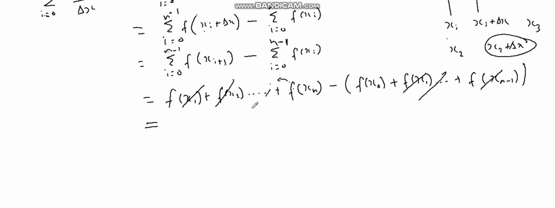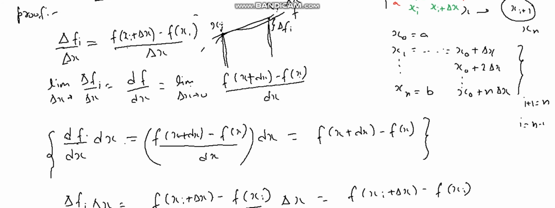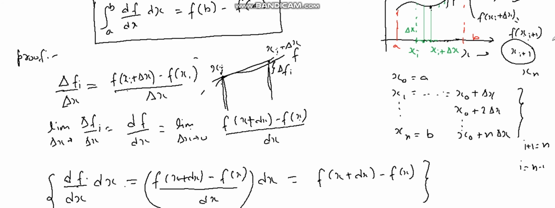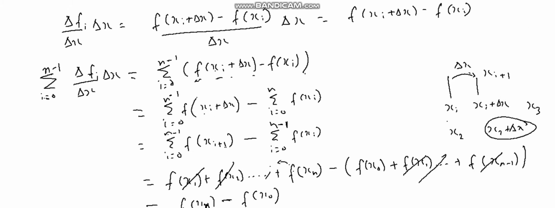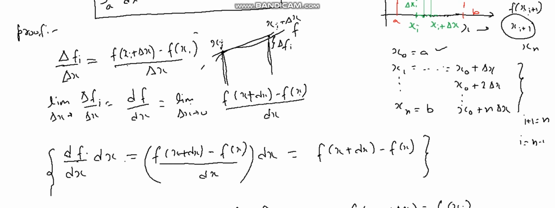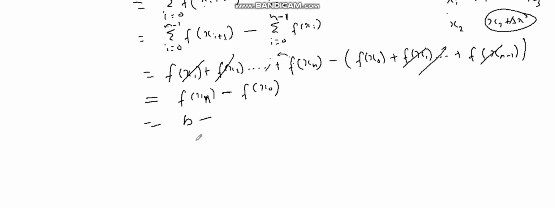We are only left with this f of x_n minus f of x_0, and x_n is nothing but b, and x_0 is nothing but a, okay.